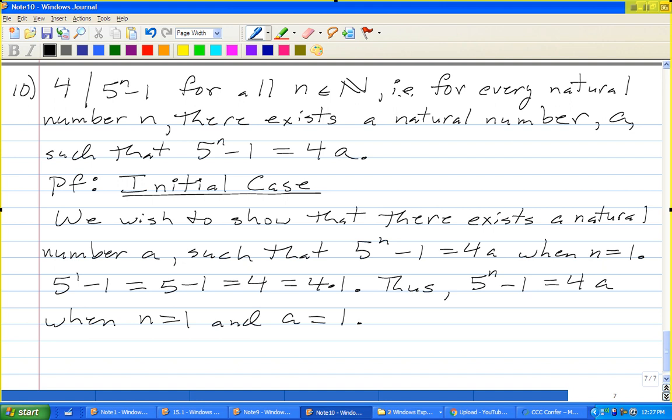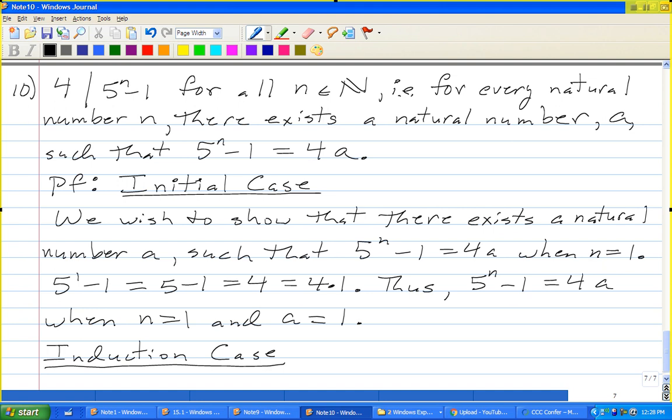Let me do the induction case. The induction case is going to be very similar. We want to assume that there exists some natural number a such that for some natural number k, 5^k minus 1 is equal to 4a.